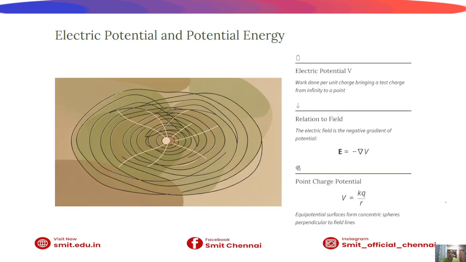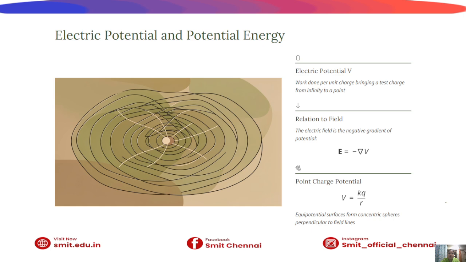Next we see about the electric potential and the potential energy. Electric potential at a point is defined as the work done in bringing a unit positive charge from infinity to that point against the electric field. It represents the potential energy stored per unit charge.